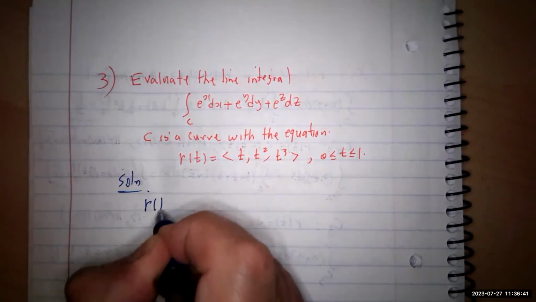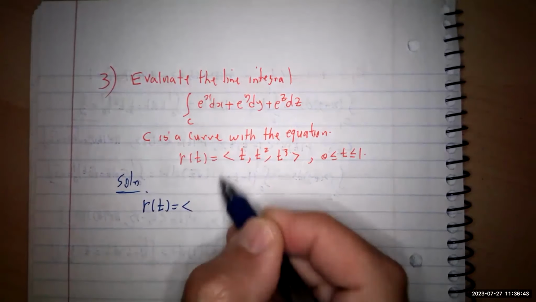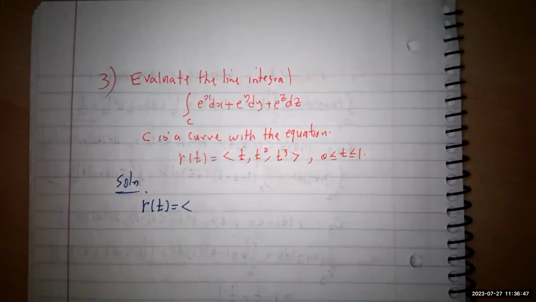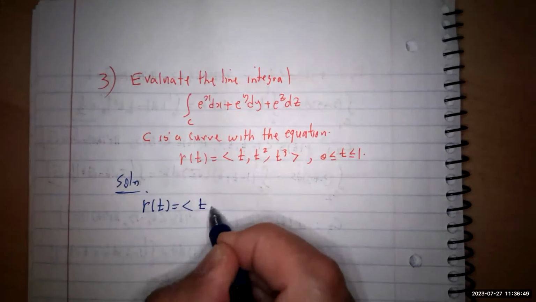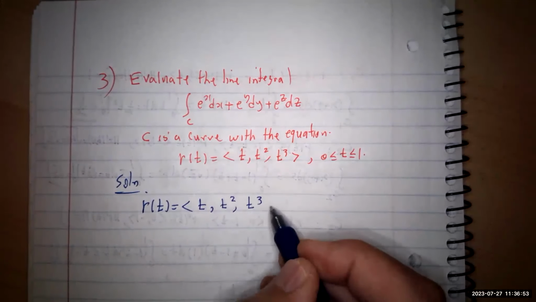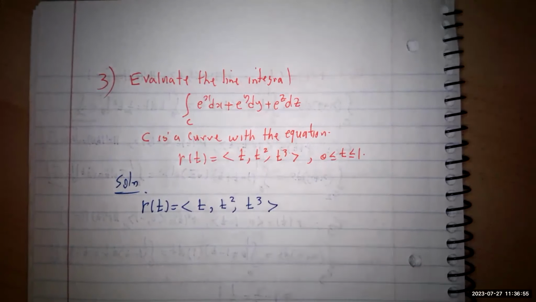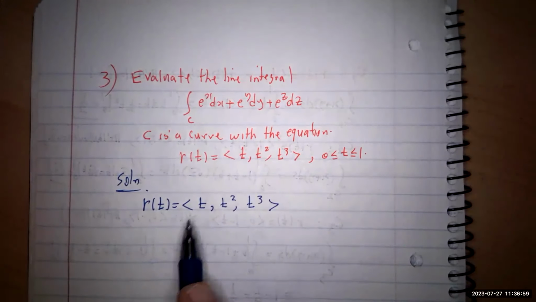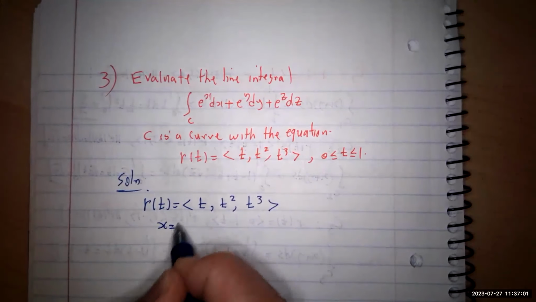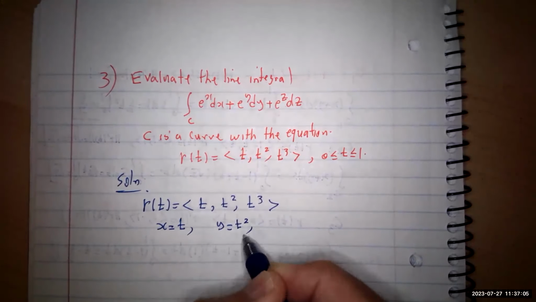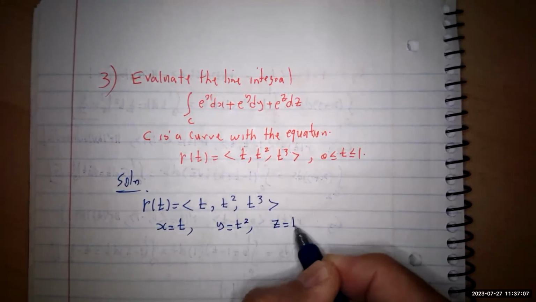You have the equation of the curve, because remember it's F of r of t, so you have to plug in the r of t. So it's going to be t, t squared, t cubed. Imagine of this one as x, y, z. So your x is equal to t, your y is equal to t squared, and your z is equal to t cubed.